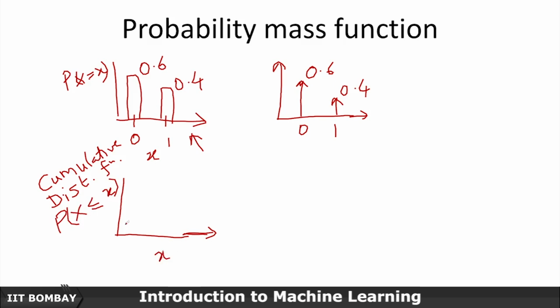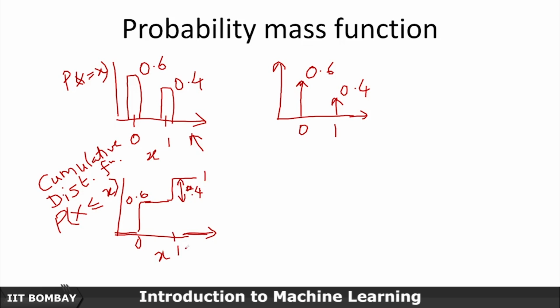So, we will see a rise in probability to 0.6 at 0, and then we will see another rise of 0.4 which will lead to a total height of 1, and this rise will come at 1.